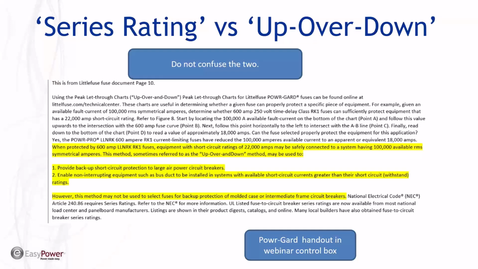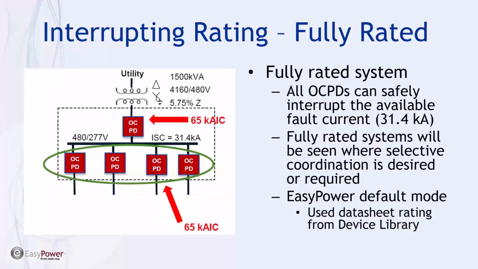And then they stipulate or quote the National Electrical Code, Article 240.86. So what that's in reference to is the topic or the discussion of fully rated versus series rated equipment. And what we're talking about is the interrupt rating of the overall downstream system.